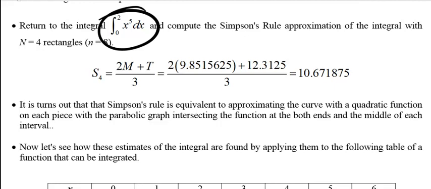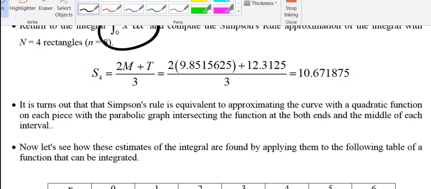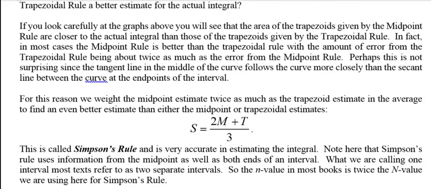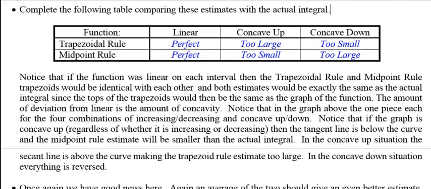It would be 2 times the midpoint plus the trapezoid, divided by 3, and this gives you the result that we want, which is about 10.67, and so forth. In this particular case, the final exact answer, I believe, is 10.6 repeating. So even with just 4 rectangles, notice that Simpson's Rule actually works out quite nicely.